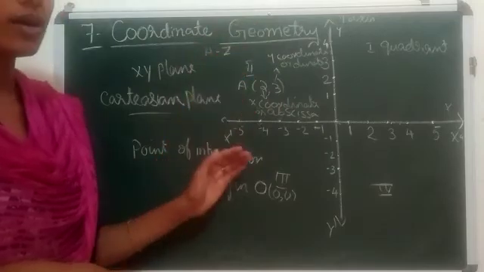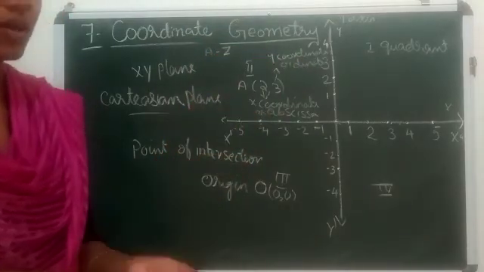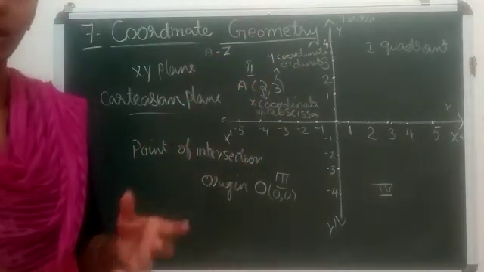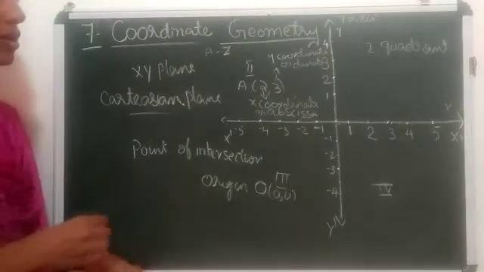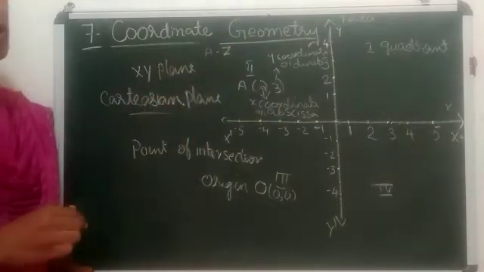Usually we use x-coordinate and y-coordinate. Abscissa and ordinate are rarely used, not commonly. Commonly we use x-coordinate and y-coordinate.